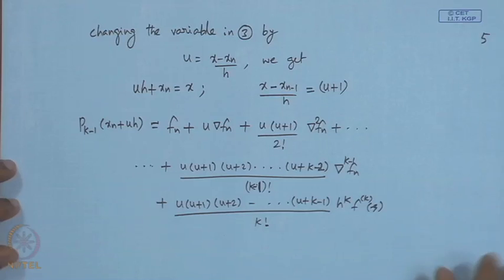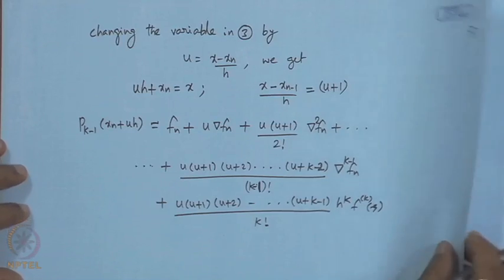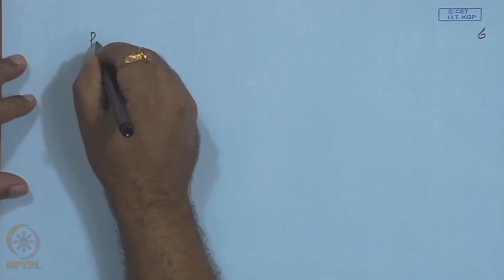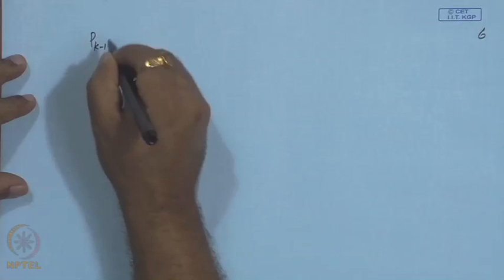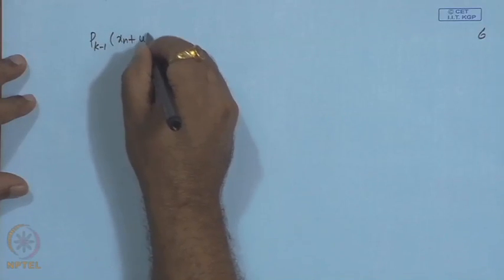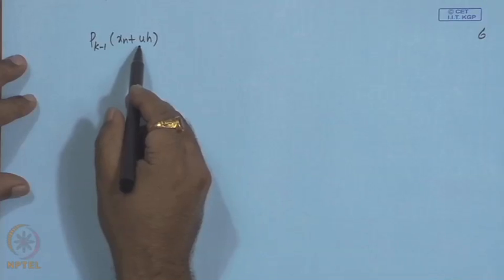Right. So, now further this can be simplified as follows. P k minus 1 at x n plus u h. What is our new variable now? It is u.